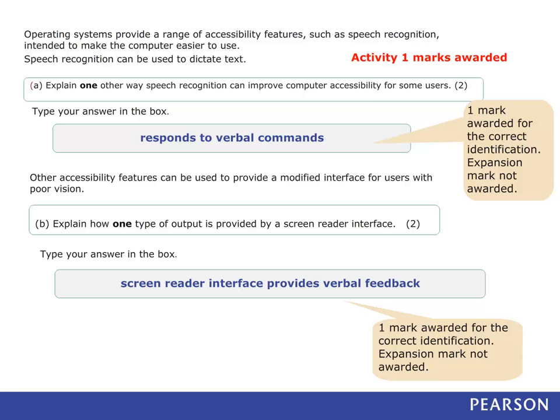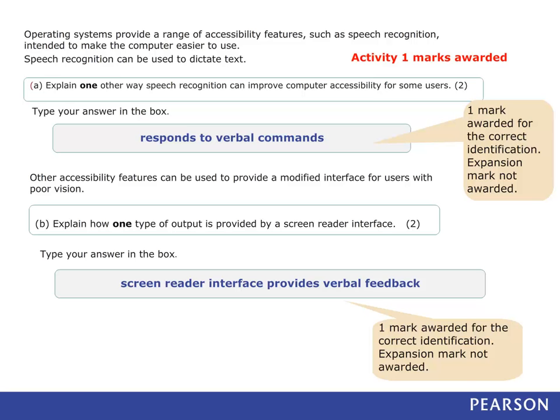Part B. 1 mark was awarded for the correct identification. The extension mark was not awarded. A linked response was required as to how the screen reader interface provides verbal feedback. For example, using speech synthesis or text-to-voice software, based on additional data such as alt text.